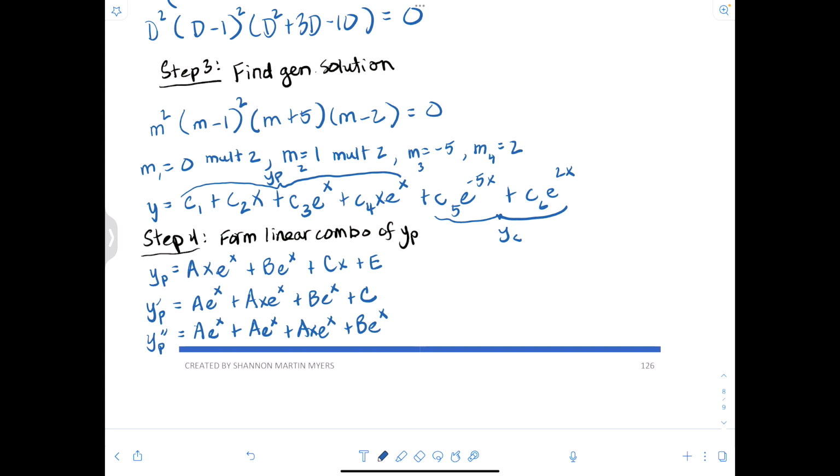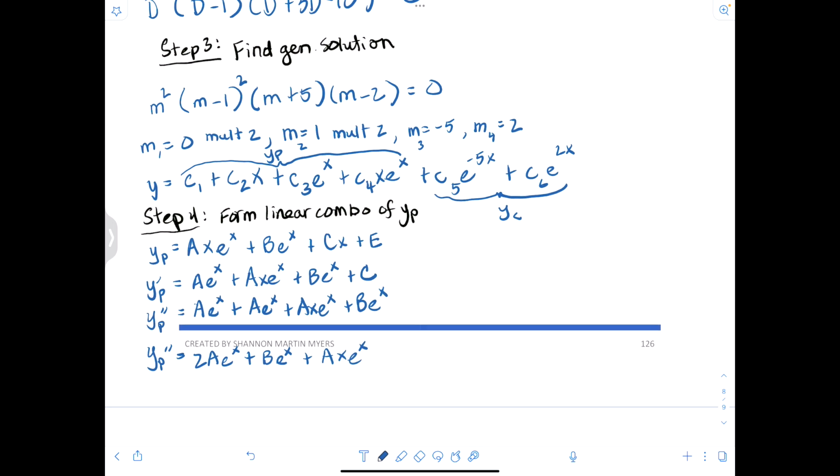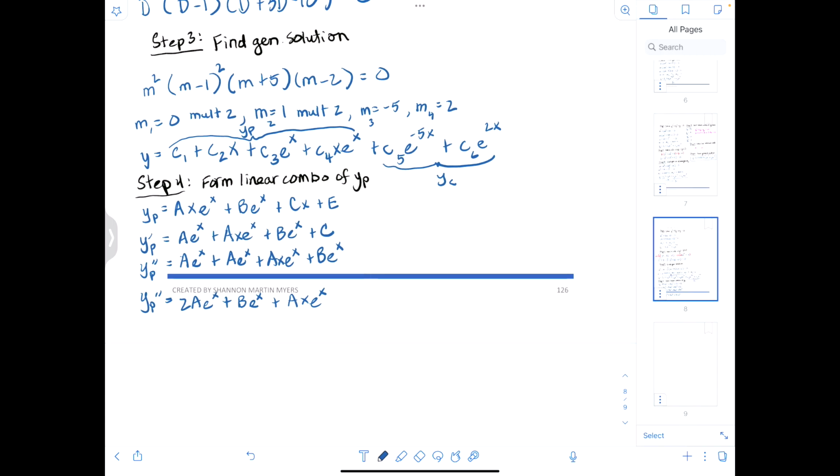So yp double prime will have 2 of those a e to the x's, and then 1 of the b e to the x's, and then an a x e to the x. Agree? All right, I'll go ahead and just add another page here.